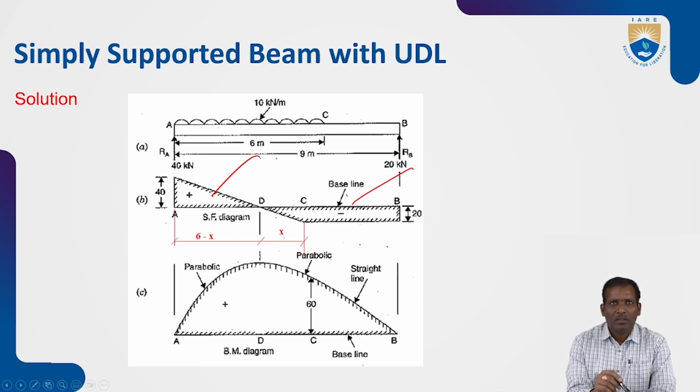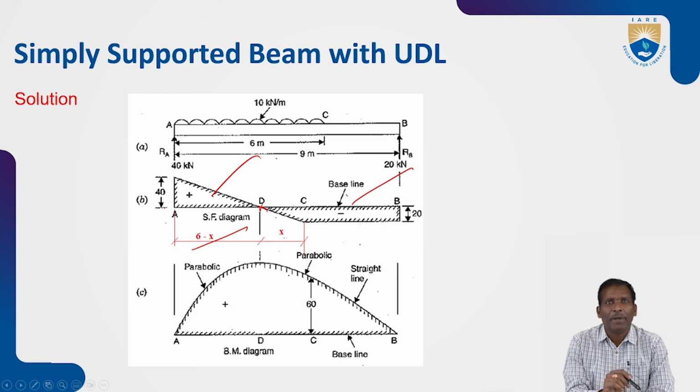Here, from D to C take X, and the total A to C is 6, so that's why 6 minus X is taken here. This is for the maximum bending moment, where it will occur, as asked in the question. For that purpose you need to calculate the x value, and then you will get the final maximum bending moment.